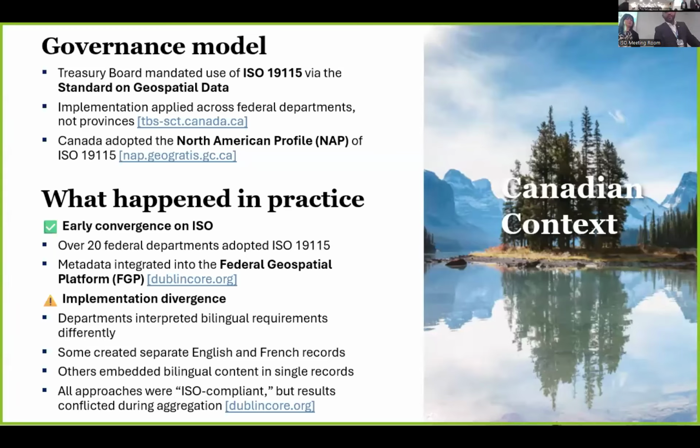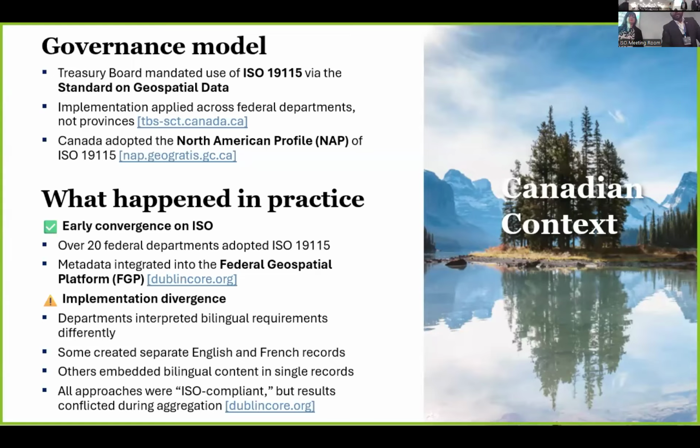But there were some issues in the implementation. The profile is more focused on the bilingual aspect and other areas that we felt needed to be addressed and fit for Canada. So it was made to work best with bilingual metadata and other areas as well.